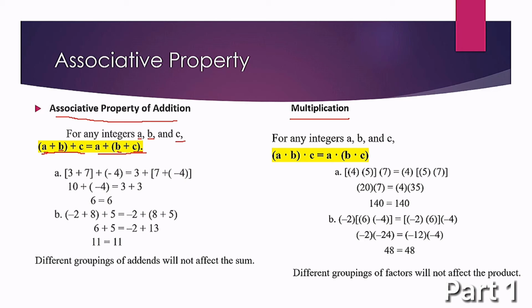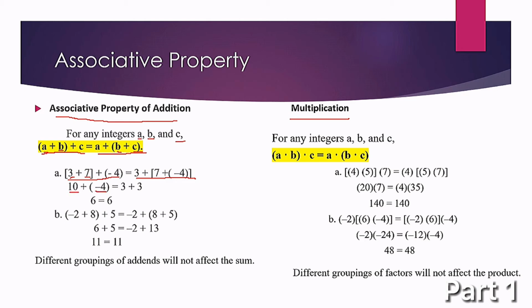Let us see. Example, the quantity of 3 plus 7 plus negative 4 equals 3 plus the quantity of 7 plus negative 4. Let us simplify first the expression inside the parentheses. 3 plus 7 will give you positive 10.